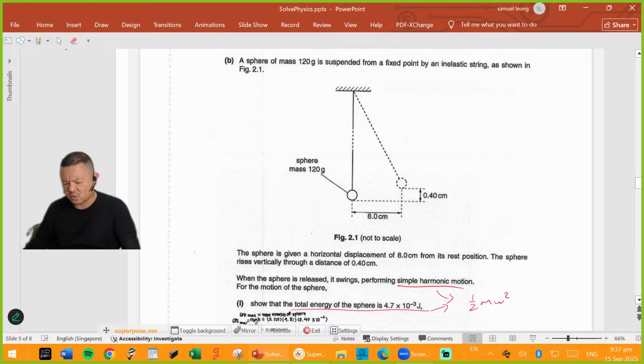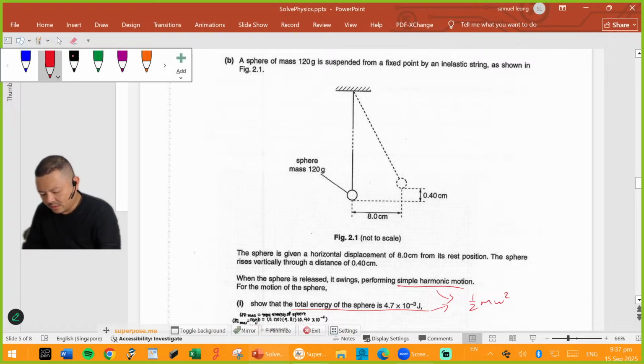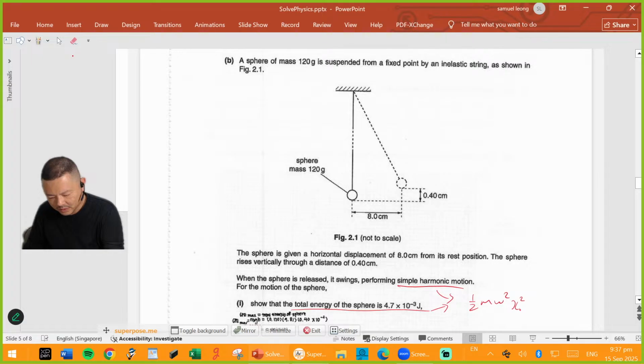What the heck is x naught? Yeah, that's going to be my concern. Sheesh, x naught squared, right?